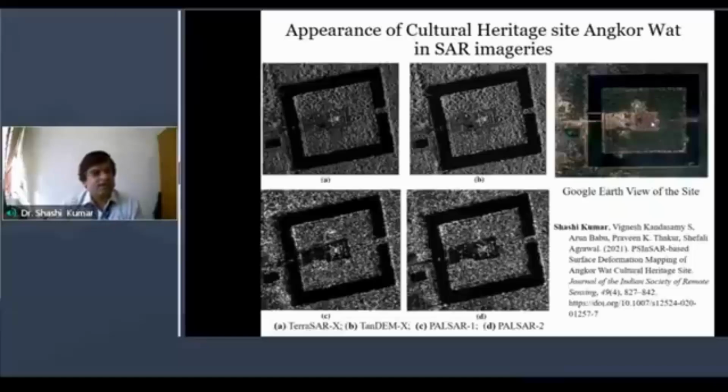And if we see the SAR imagery, first of all, we should understand the microwave imageries are not sensitive to the color. So here one can easily see that in these imageries, we are not going to have any color information.